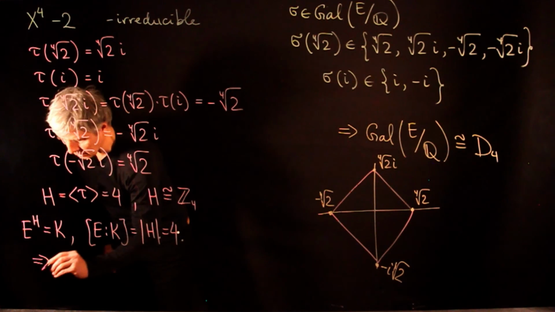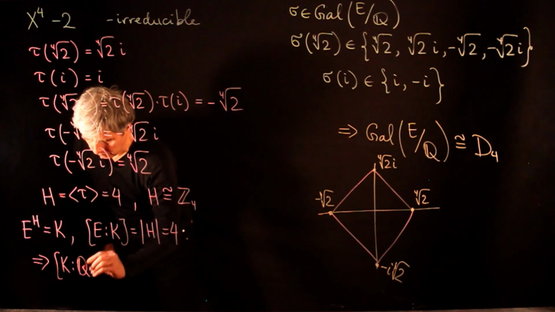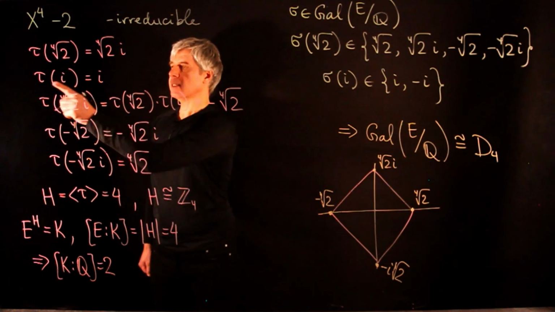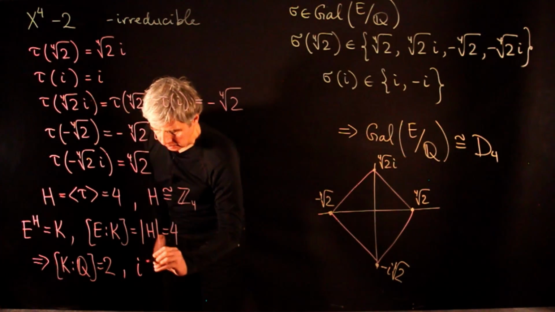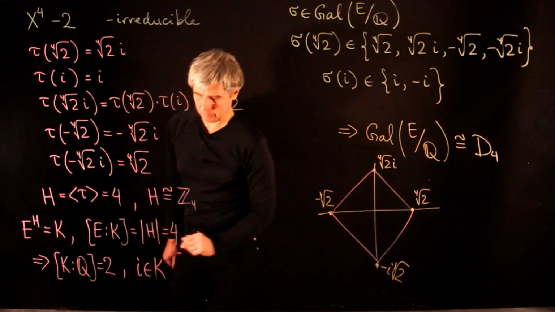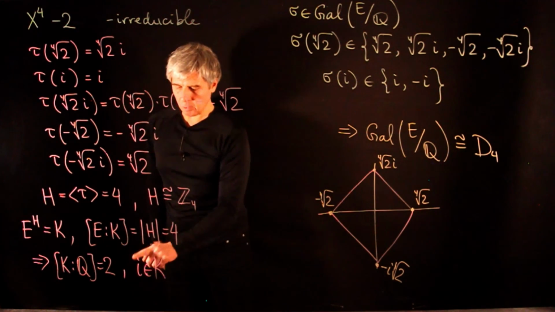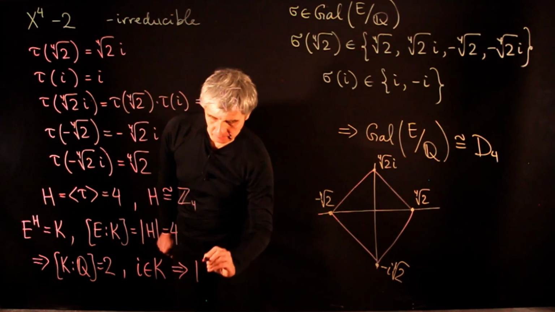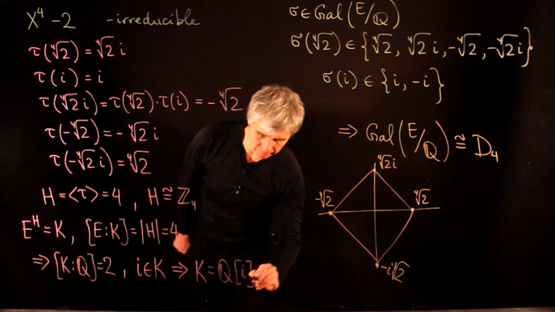Then this tells us that the degree of K over Q is equal to 2. And since tau of i is equal to i, we see that i is an element of K. And because the degree of this extension is 2 and the degree of element i is equal to 2, from here we conclude that K is Q adjoined with element i.